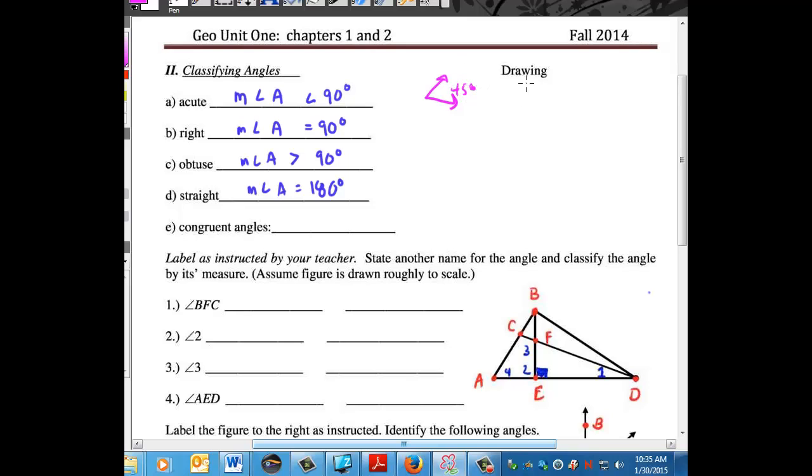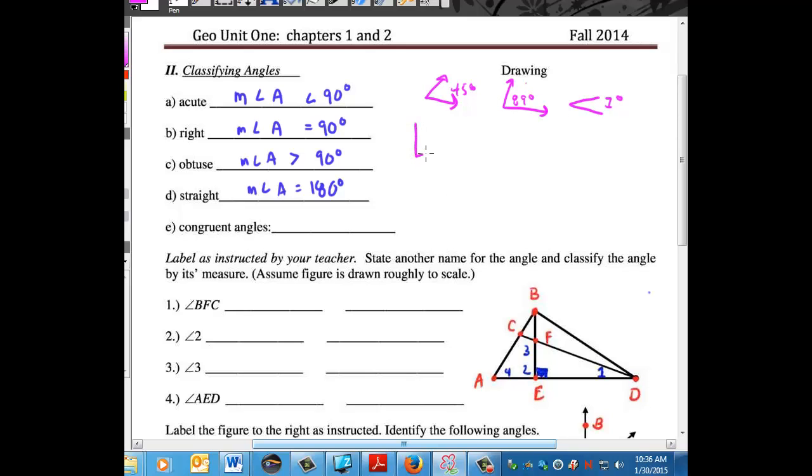You could have an angle that was just barely less than 90 degrees, like 89 degrees. Or if you have a really small, skinny angle, let's say that measured 1 degree. So anything from 1 up to 89 would be an acute angle.